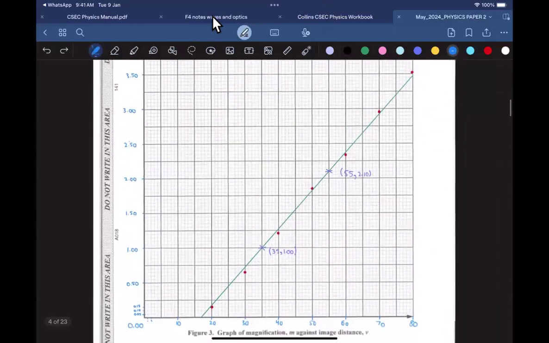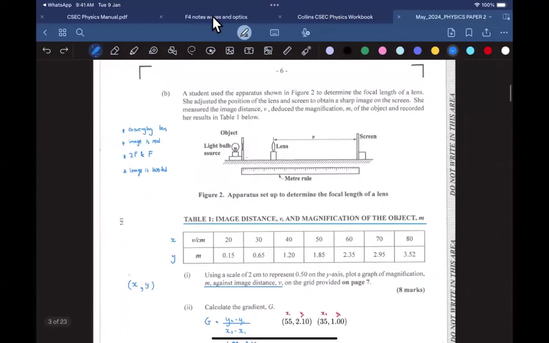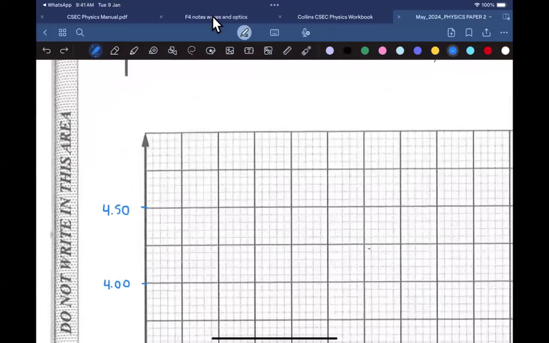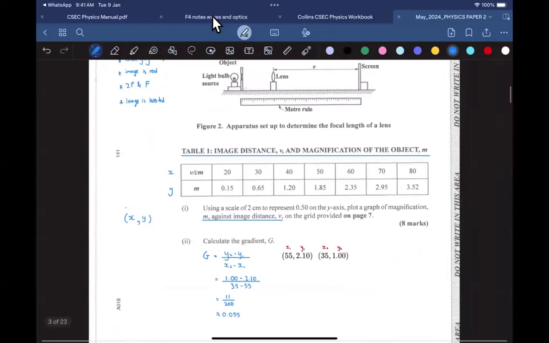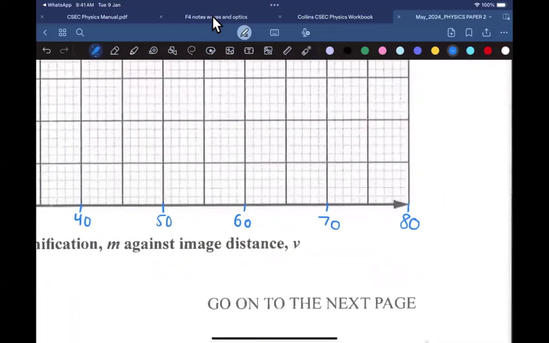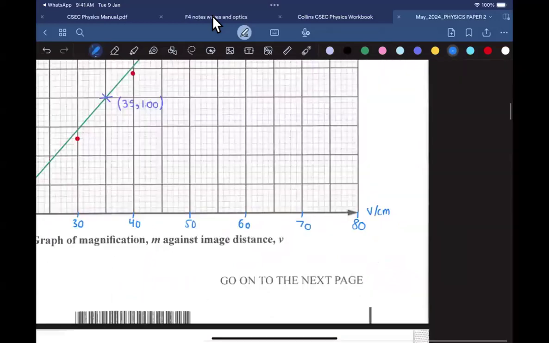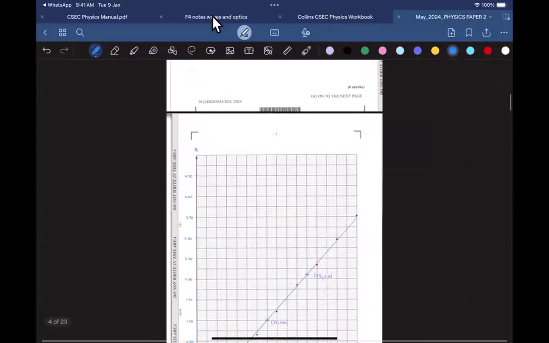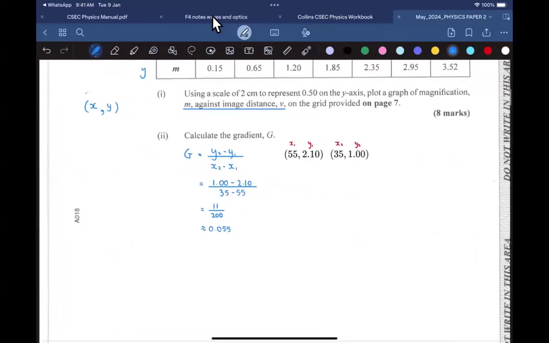On the graph, on the y-axis, it was magnification. Now, does magnification have any units? Remind me, guys, does magnification have any units? Magnification doesn't have any units, because magnification is just a ratio.